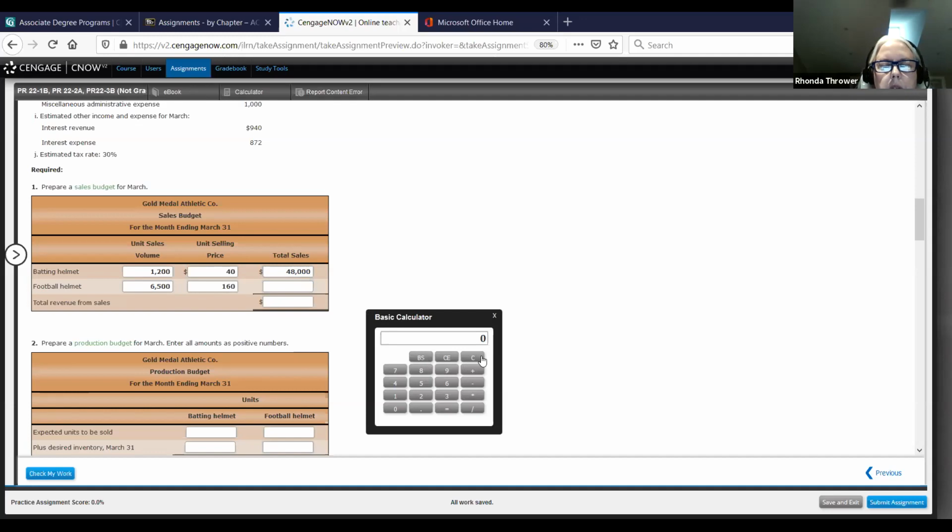We take the number of helmets, which is 6,500, and multiply that by 160, the selling price per football helmet. Woo! That gives us way too much. So let's try this again.